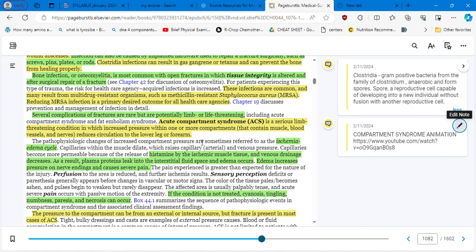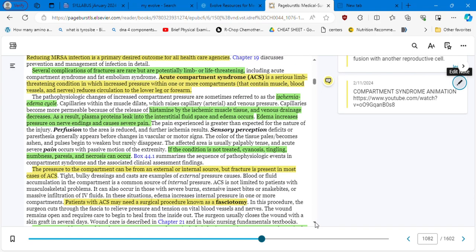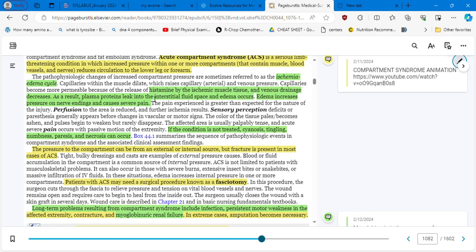And the pathophysiology behind this is that sometimes this pressure can cause ischemia and the edema cycle, right? And we are going to find the presence of histamine by the ischemic muscle tissue, and venous drainage decreases as well.